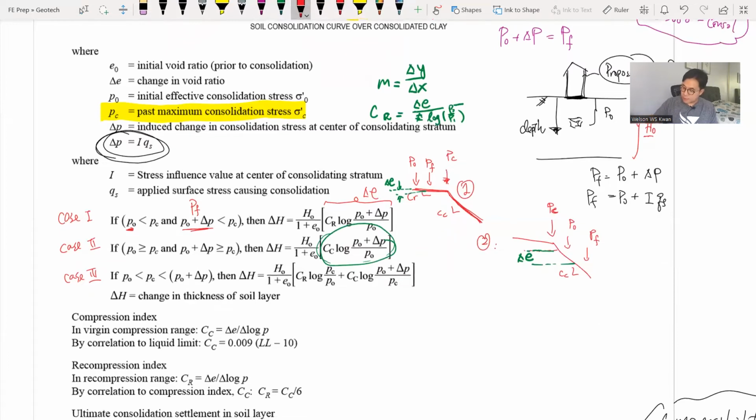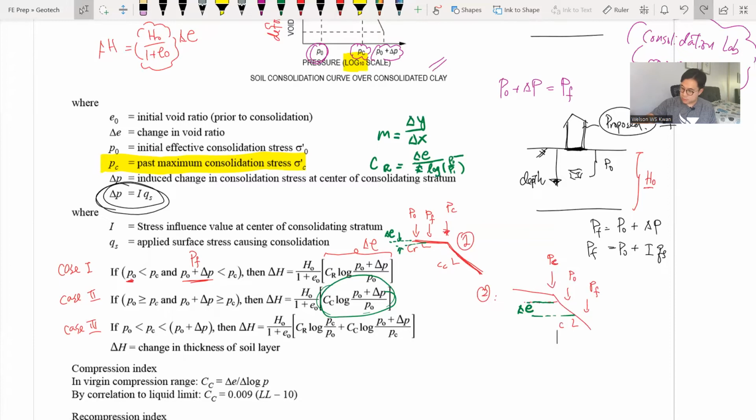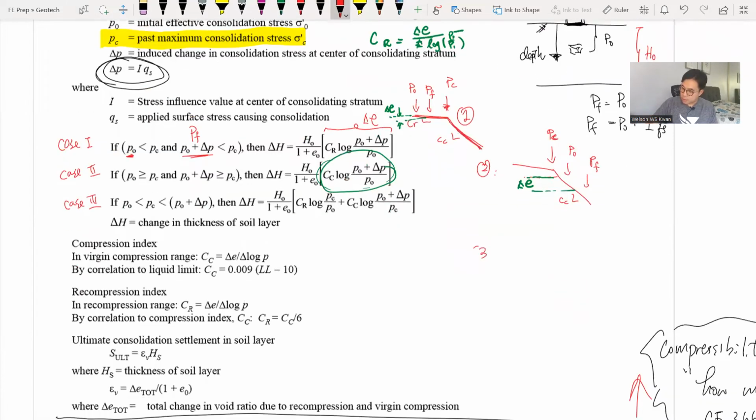And for case number 3, now we have 2 portions of slope, because my initial stress and final stress sandwich the maximum past pressure. That's why now I have 2 parts of slope.